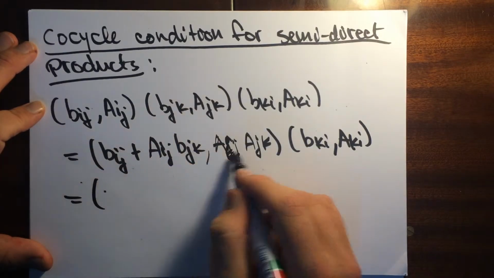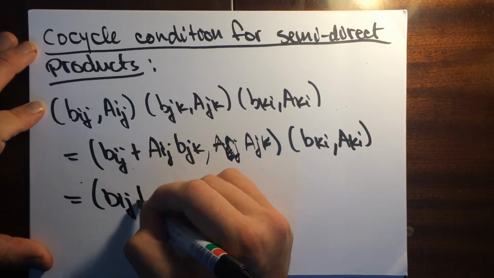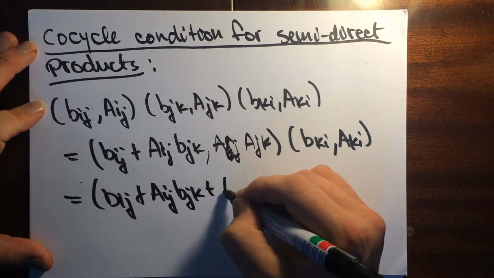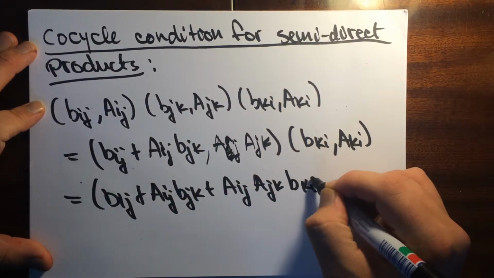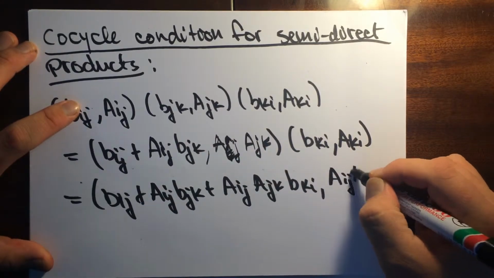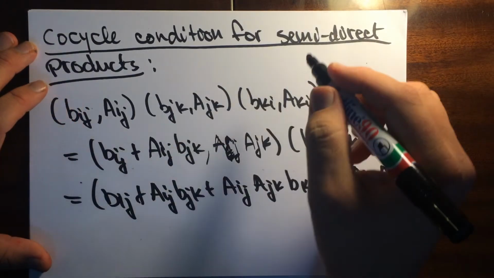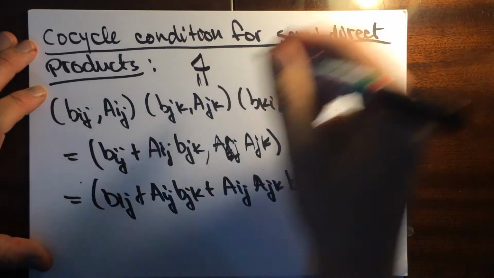So here we now multiply this thing times this and add it to this. Bij plus Aij Bjk plus Aij Ajk Bki. And now we just multiply these all together. So Aij Ajk Aki.